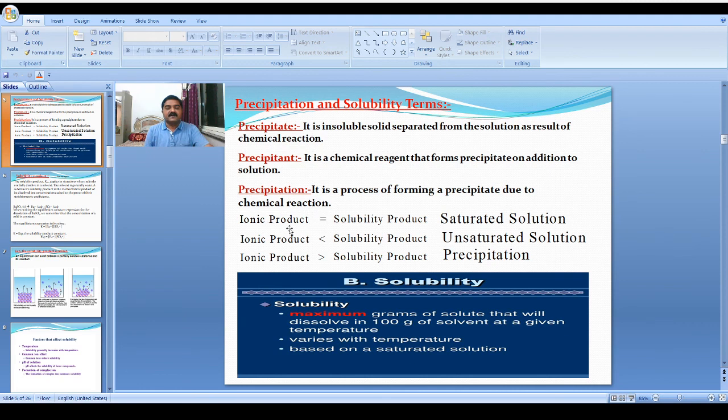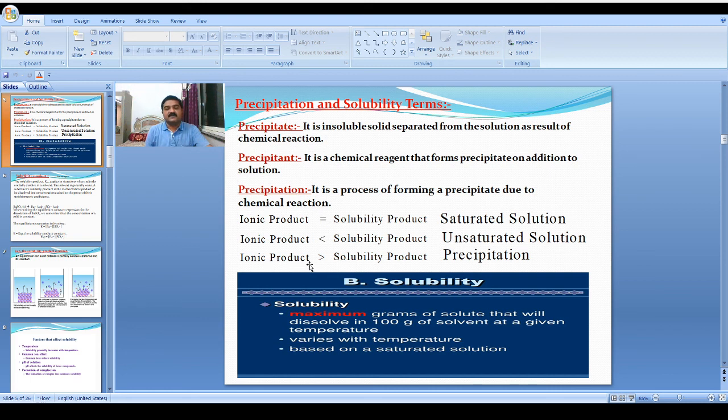If the ionic product is equal to the solubility product, the solution will be a saturated solution. Second, if the ionic product is less than the solubility product, the dissolving capacity of the ions will be maximum as compared to the ionic product, so this solution will be an unsaturated solution.